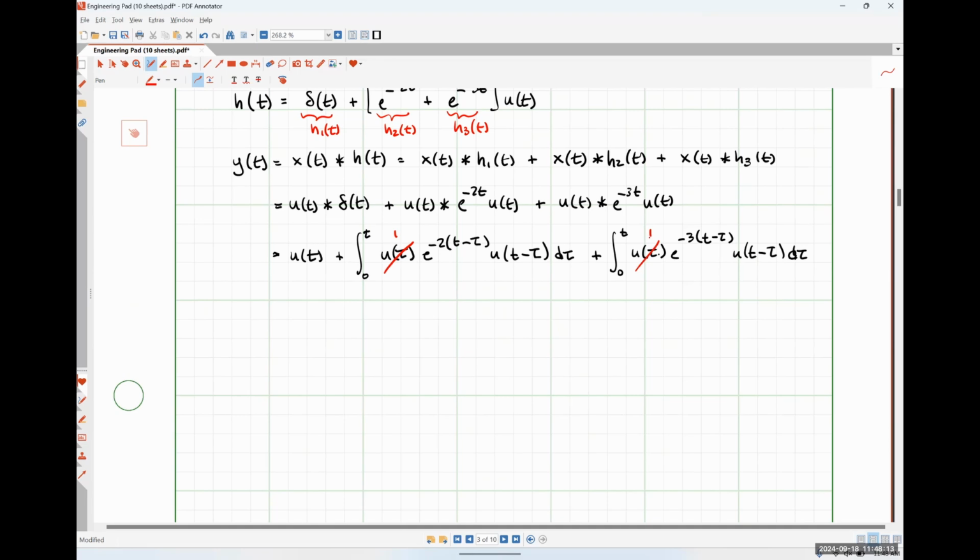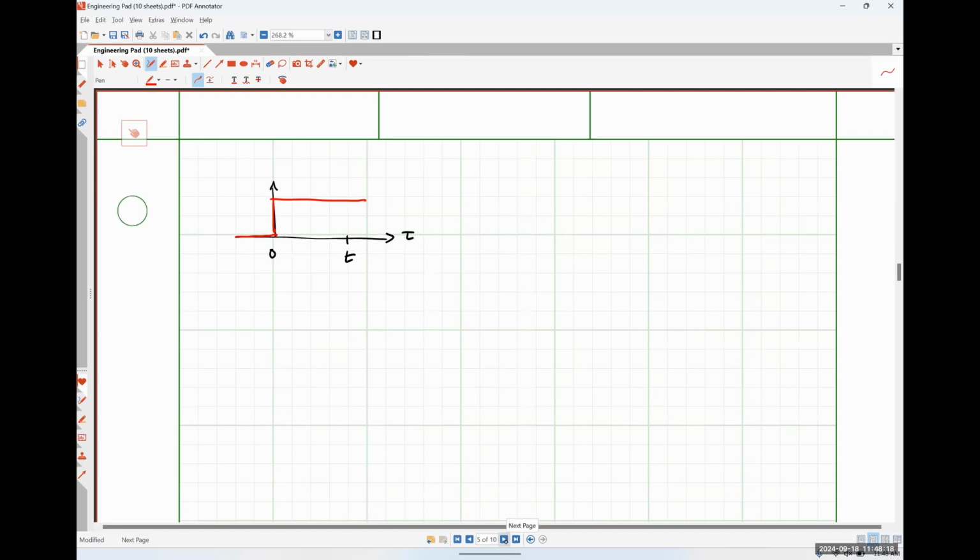Now let's sort out this guy. So I have u of t minus tau, where tau is my variable. This should look something like this.